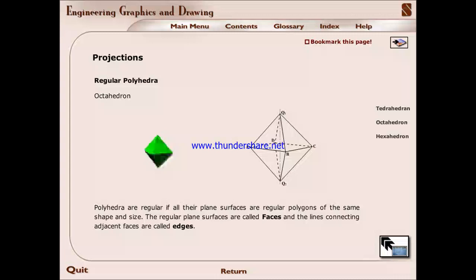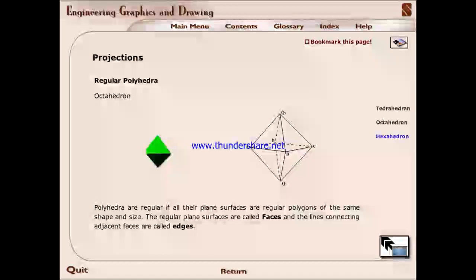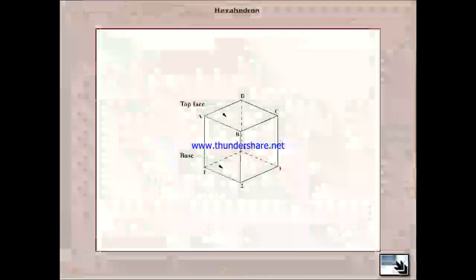The regular plane surfaces are called faces, and the lines connecting adjacent faces are called edges. This is an octahedron. Similarly, observe, it is a hexahedron.